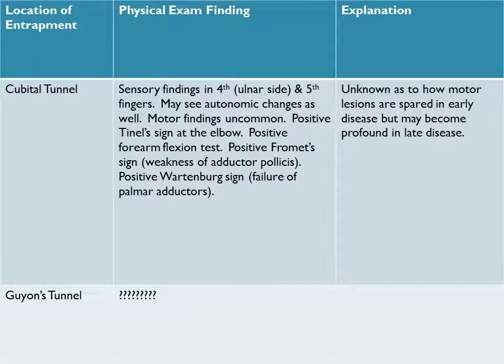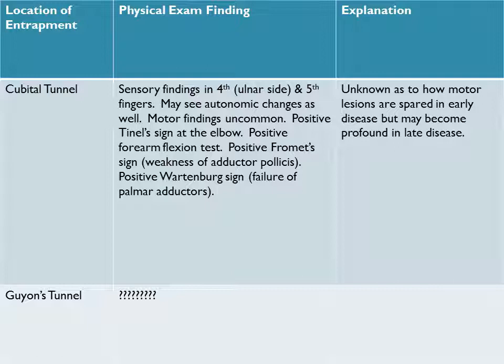Well, with a high ulnar nerve lesion, for example, ulnar nerve lesion up high in the Tunnel of Guyon, we're going to see sensory findings in the fourth and fifth fingers. And we might see autonomic findings as well. Motor findings here are uncommon, and it's not known why, but many times motor findings with a high ulnar nerve lesion are either late or rare findings, if at all.